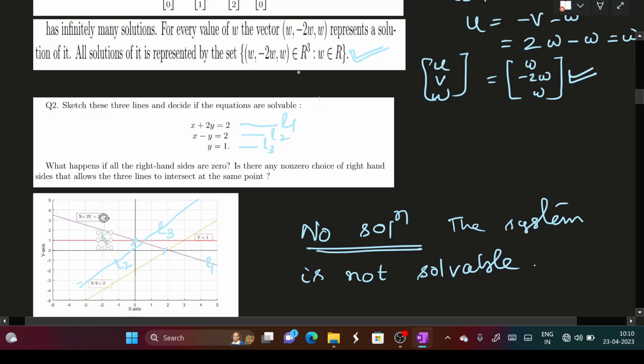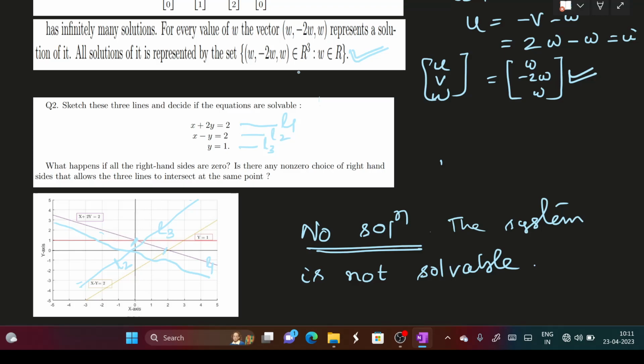Like this it is not possible. Okay, directly I will just plot it. So what will I get? I will get this L1 line parallel and passing through the origin. How will it be? It will be something like this.